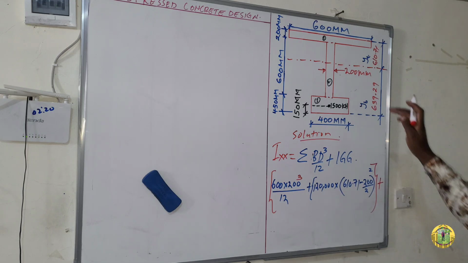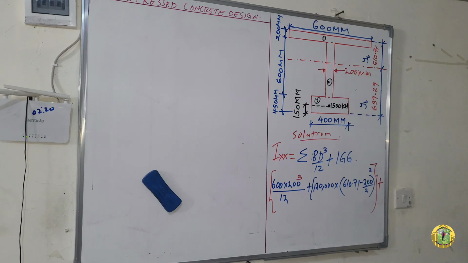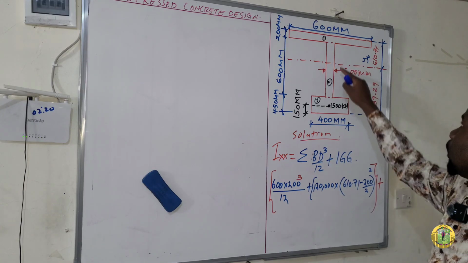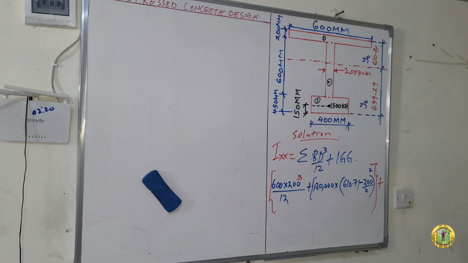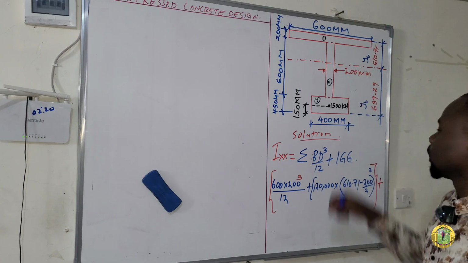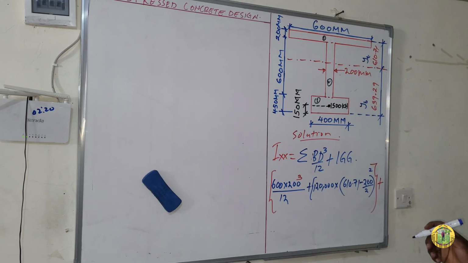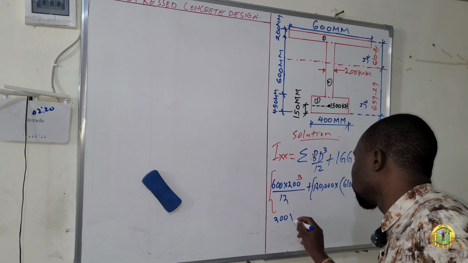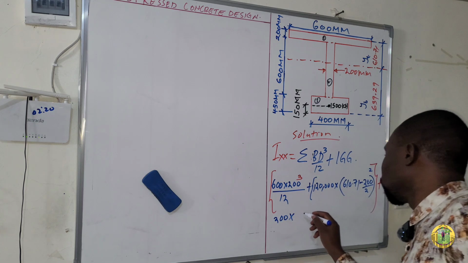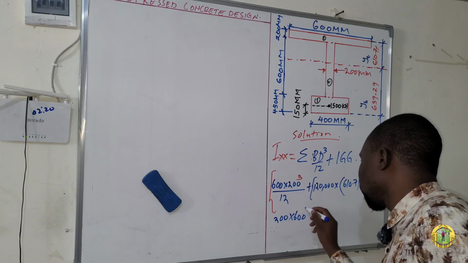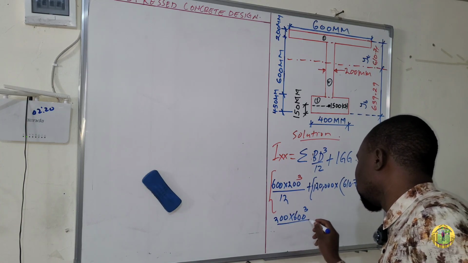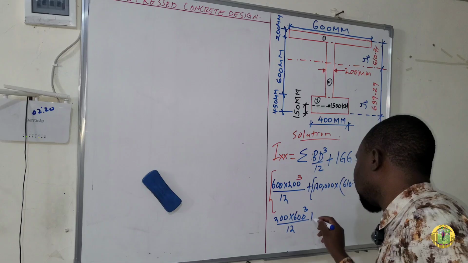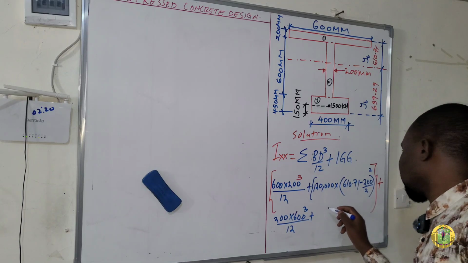We now come to the second one, which is this one. So the bd cubed will be, the b is 200 millimeter and the d is 600 millimeters. So plus 200 times d, which is 600 cubed all over 12, plus again the area.